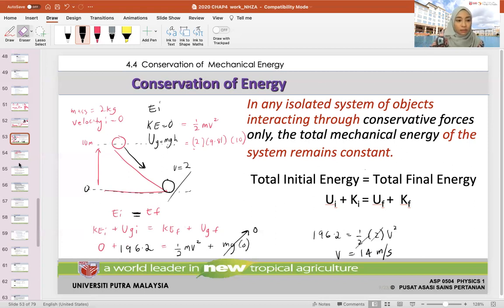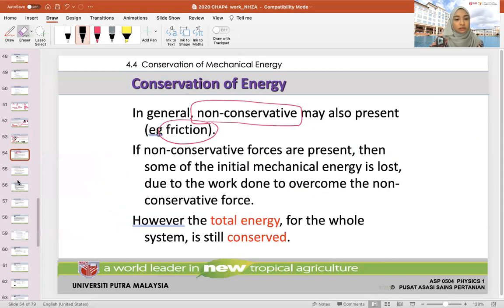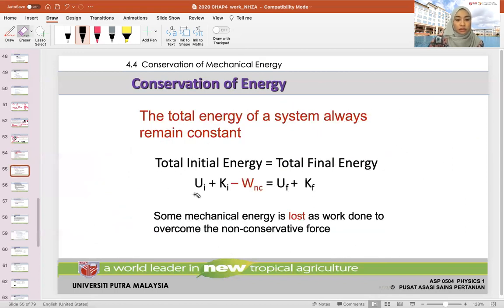Okay, so now let's talk about when we have friction. When we have friction, my EI is still going to be the same as EF, but now I have this extra term. UF and KF will be disturbed a bit. So UI plus KI minus the non-conservative work done by friction.